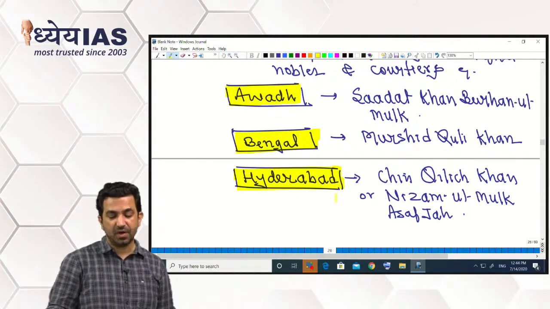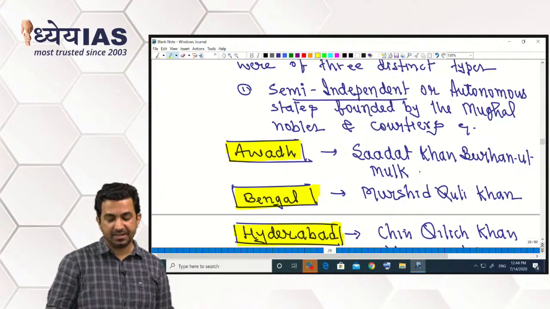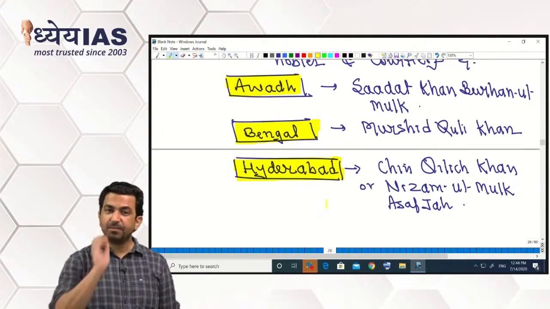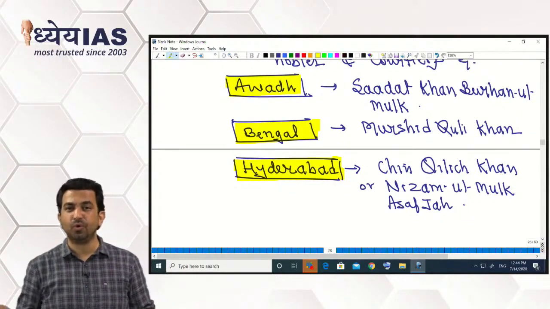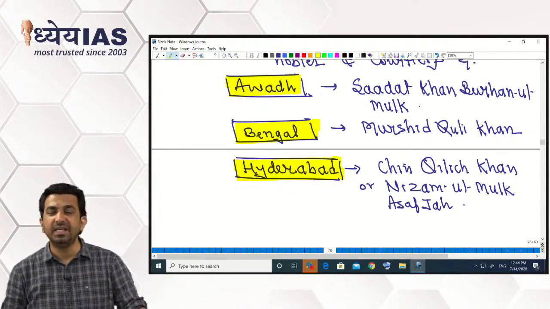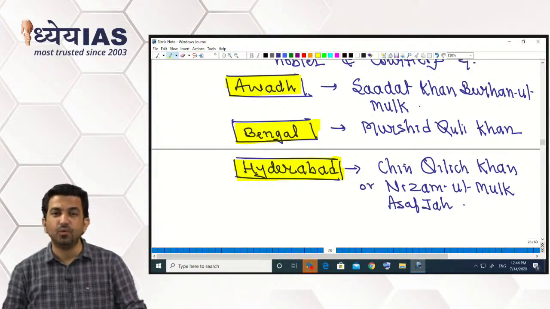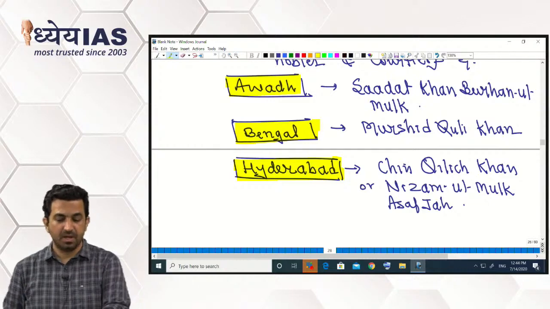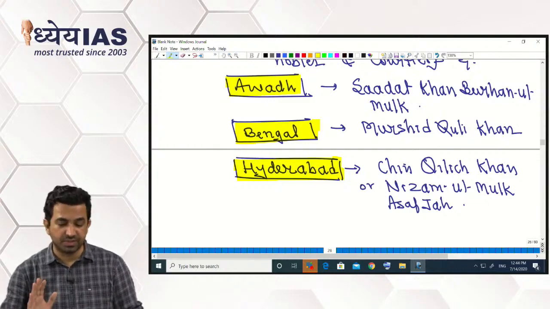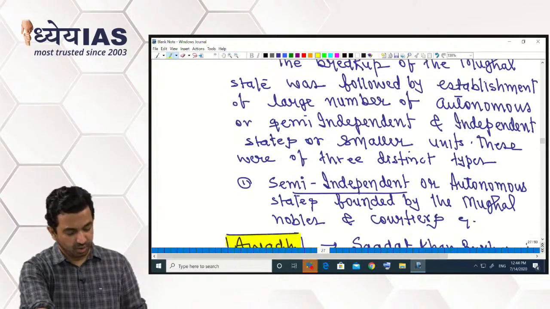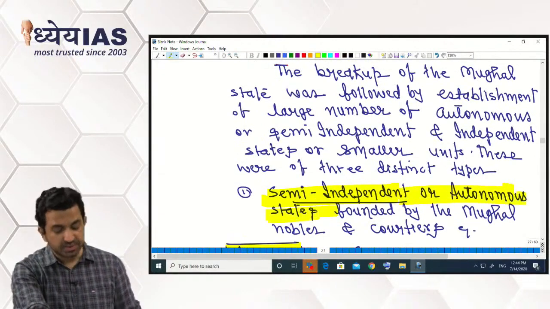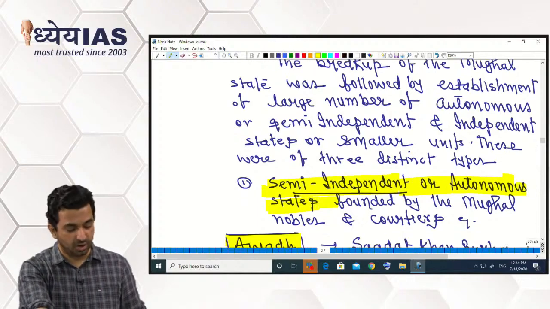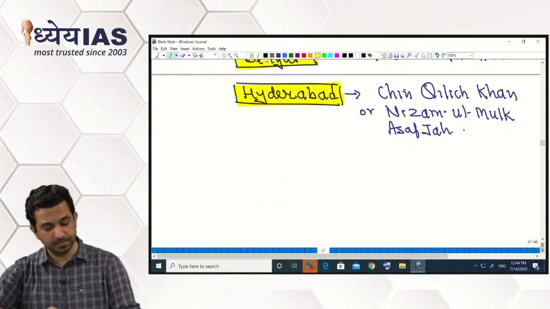These kingdoms were the parts of the Mughal Empire but only in name, and their rulers behaved independently. Okay, so first kind of state, semi-independent or autonomous states.